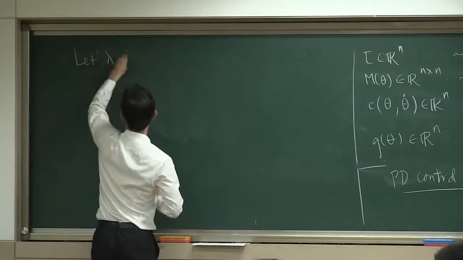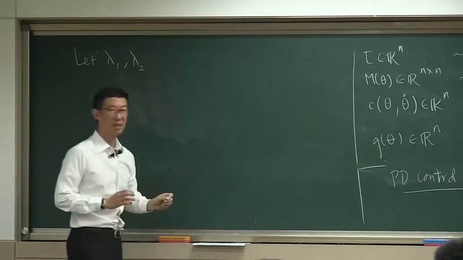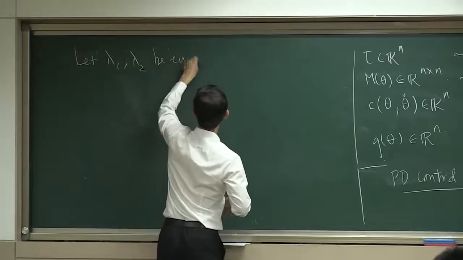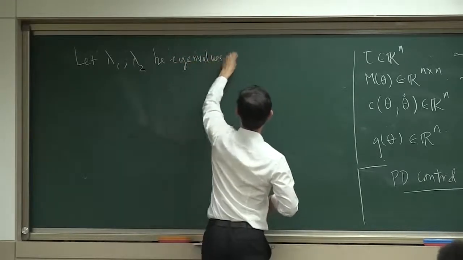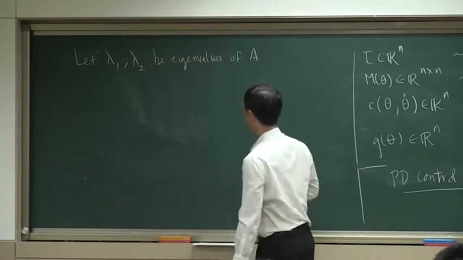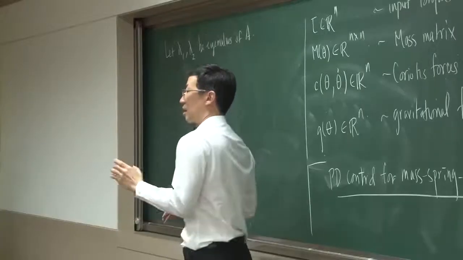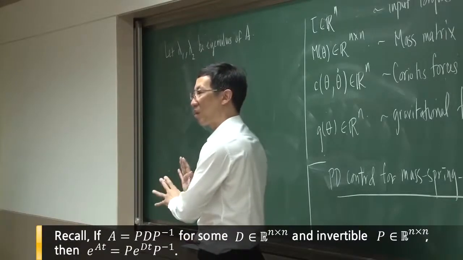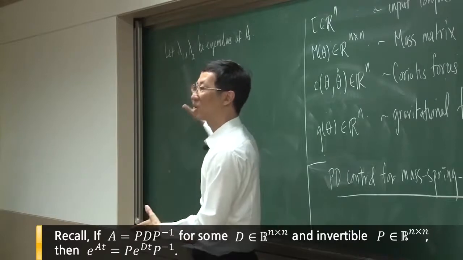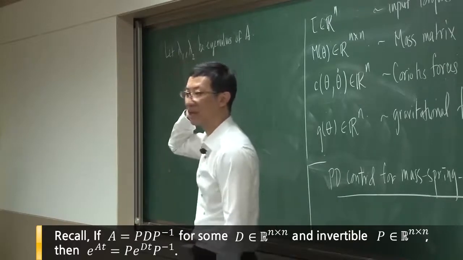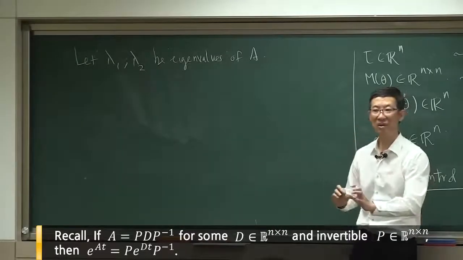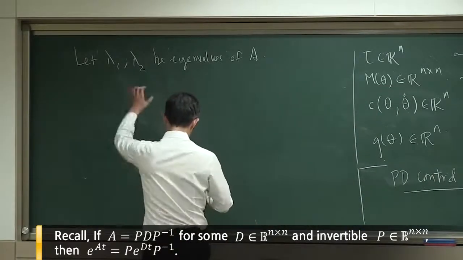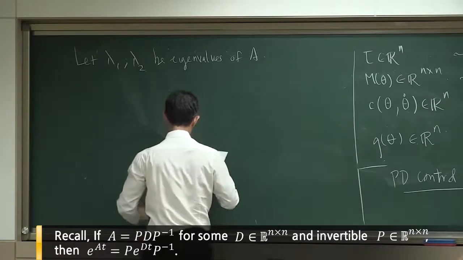We let lambda 1, lambda 2 be the eigenvalues of A. Remember in your freshman or sophomore class, you learned that the solution depends on the nature of these eigenvalues. Well, it turns out the matrix exponential also depends on the nature of these eigenvalues. So we can split this up into a couple of cases.